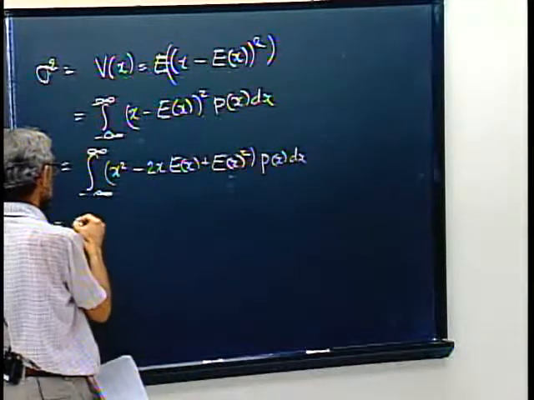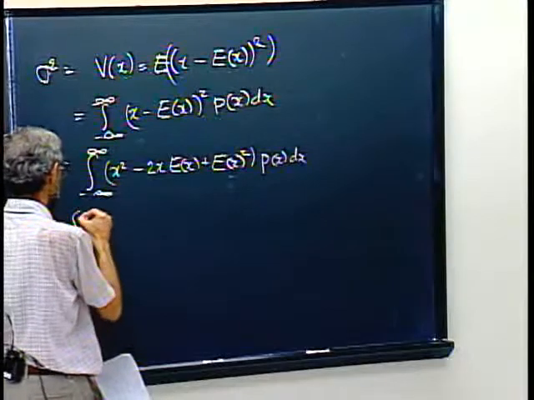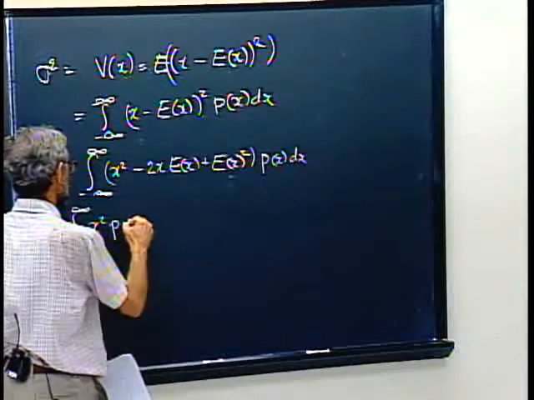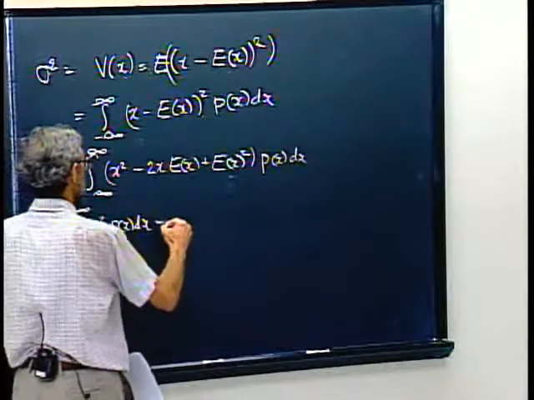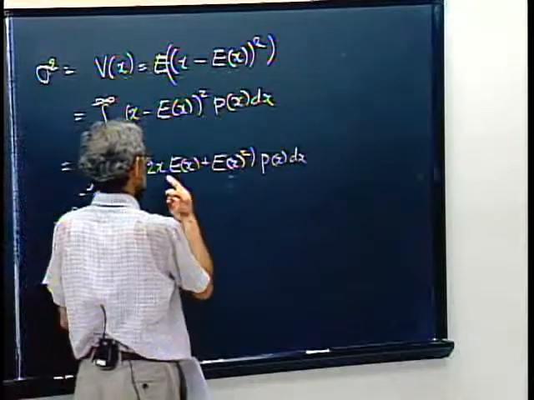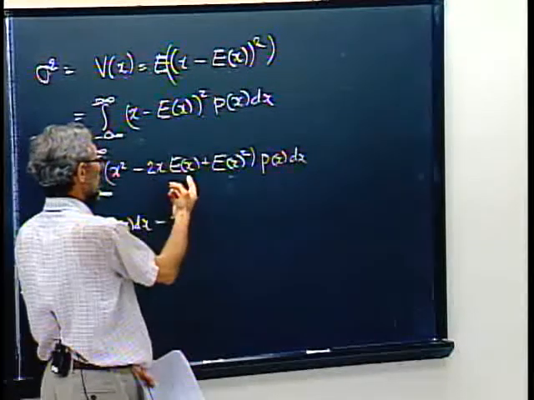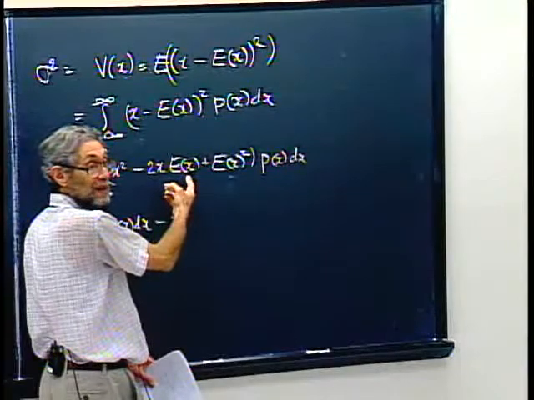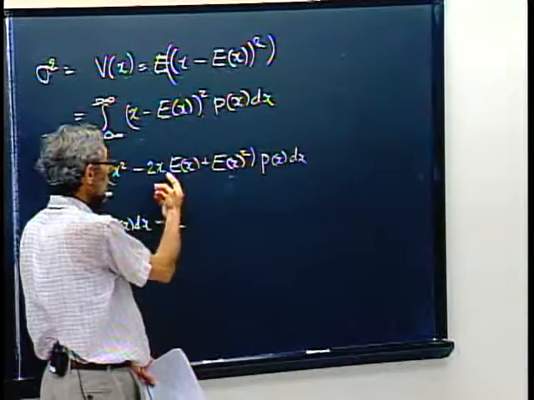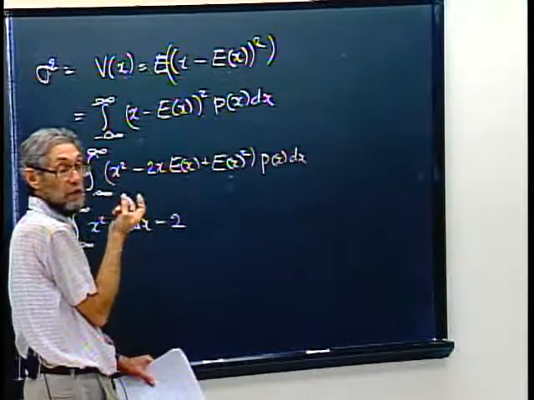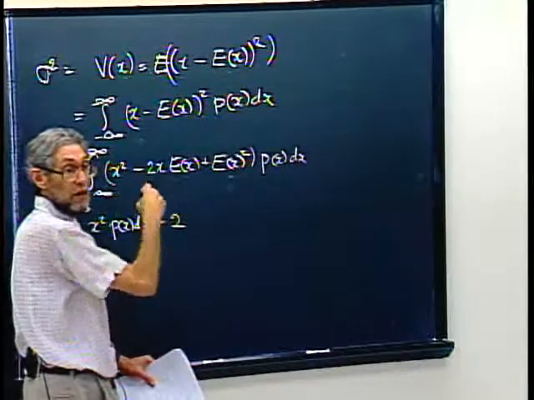And so maybe I'll make three integrals. The integral from minus infinity to infinity of x squared p of x dx minus twice. And from this, I'm going to factor out the constant E of x. So just like the distributive law for a finite sum, when you take a constant out from under an integral, the integral of a constant times the function is that constant times the integral of the function.